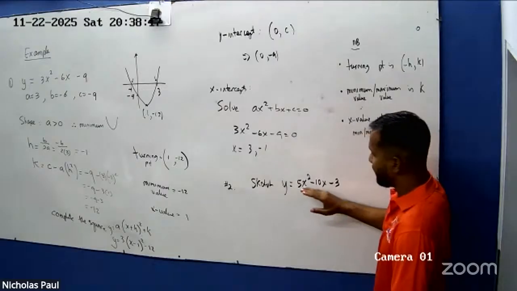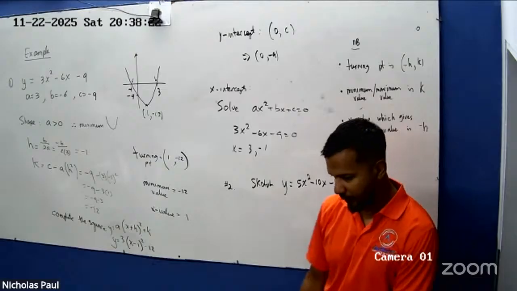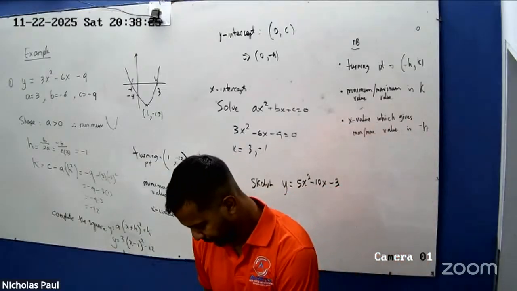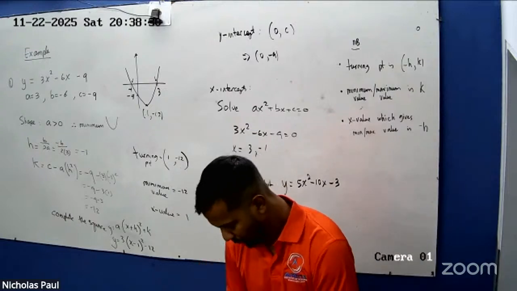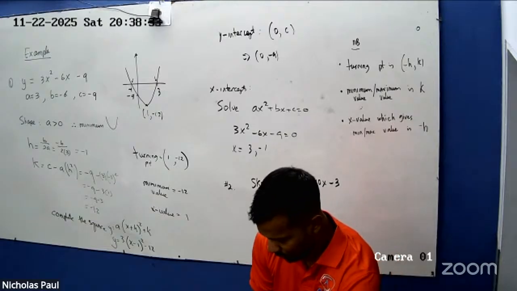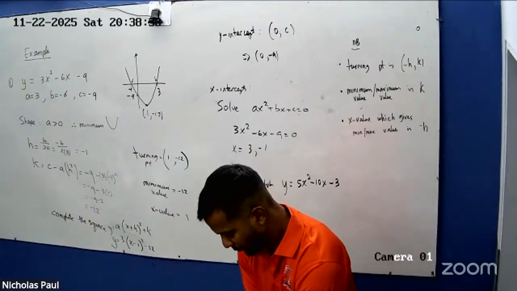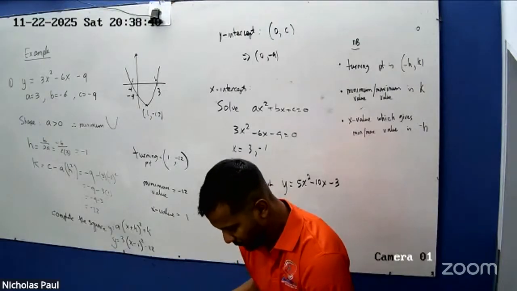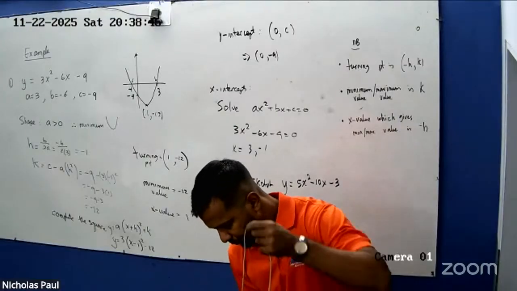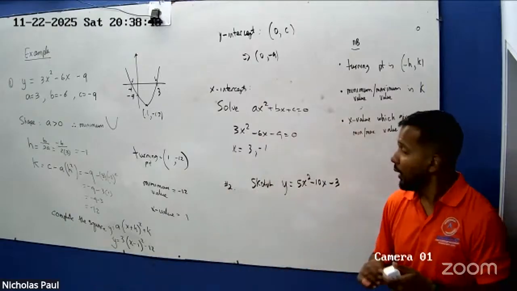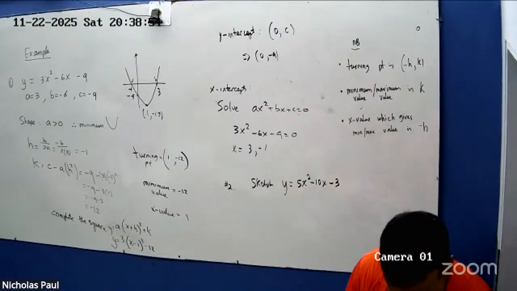So find the shape, turning points, where it cuts the x, where it cuts the y. And again, Casio people, you can check all about it, right?